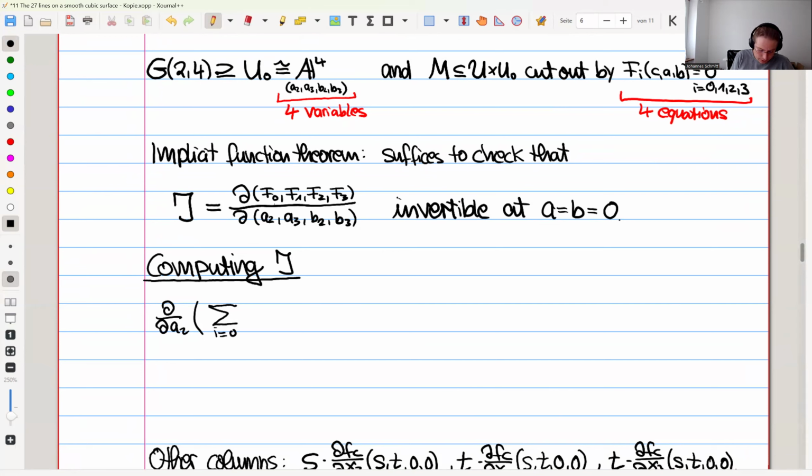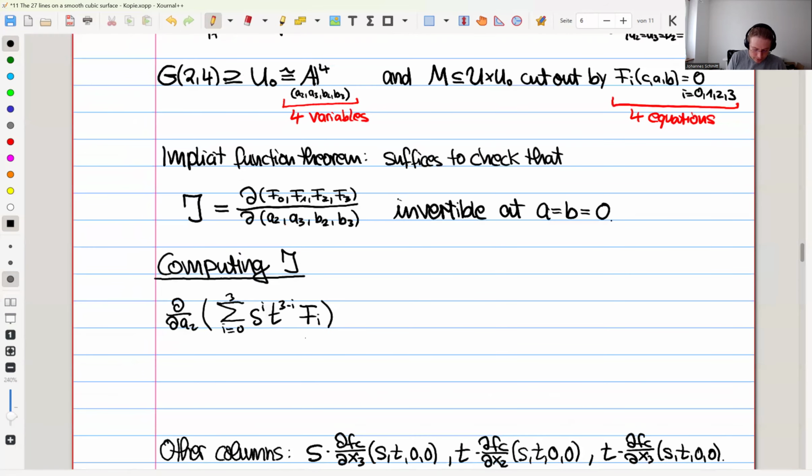We had the sum I equals 0 to 3 of s to the I, t to the 3 minus I, of f big I, f I like this. And then if we want to have the ith row of this matrix, now we just take the coefficient of s to the I, t to the 3 minus I. And we want to evaluate this derivative at a equals b equals 0.